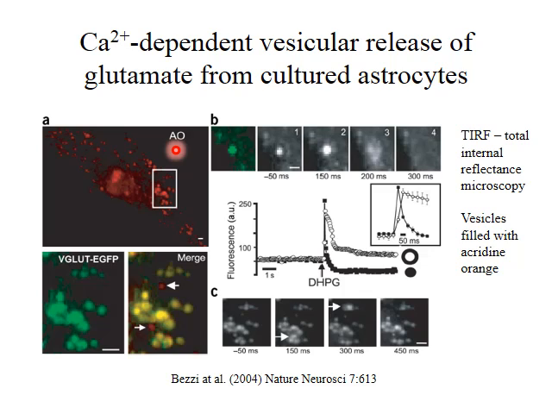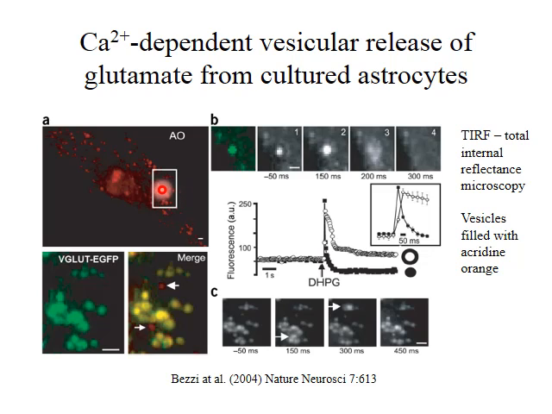In this case, experiments were done on cultured astrocytes, and the astrocytes were labeled with acridine orange, AO here, and acridine orange is selectively taken up by vesicles. So indeed what we're looking at in this figure here are vesicles labeled with acridine orange.